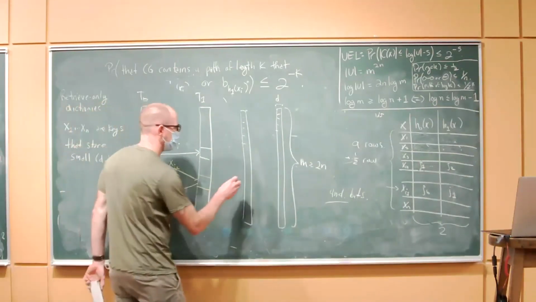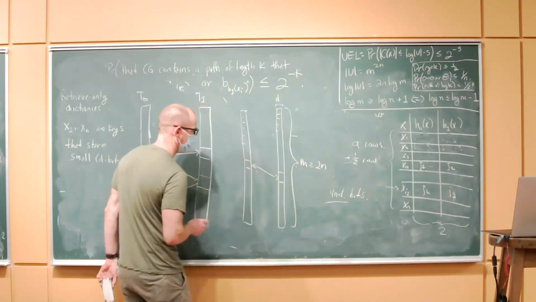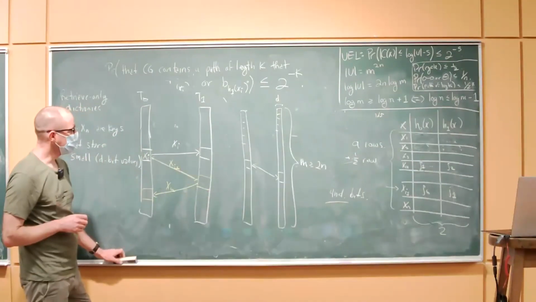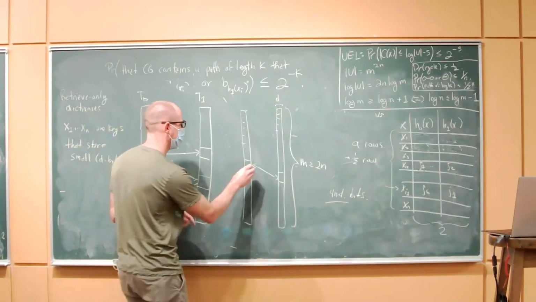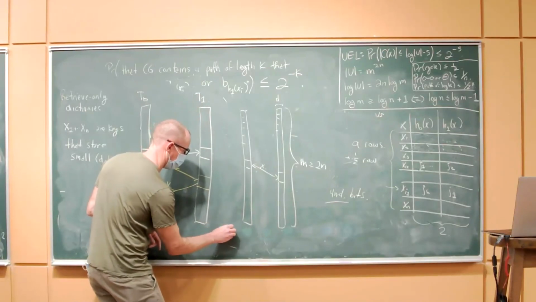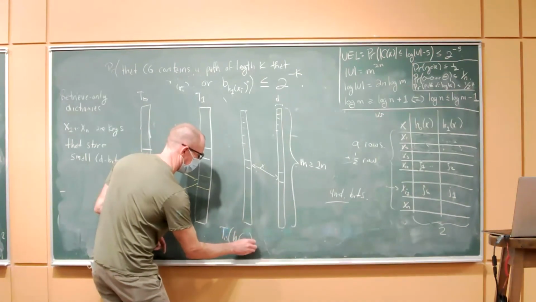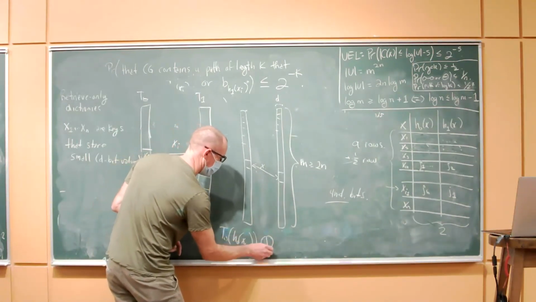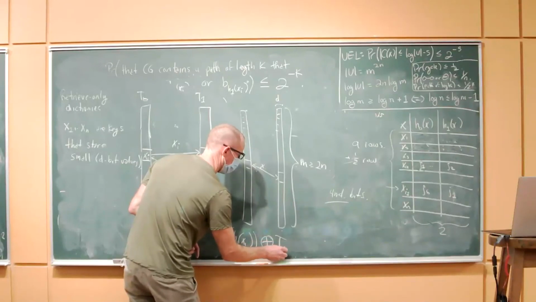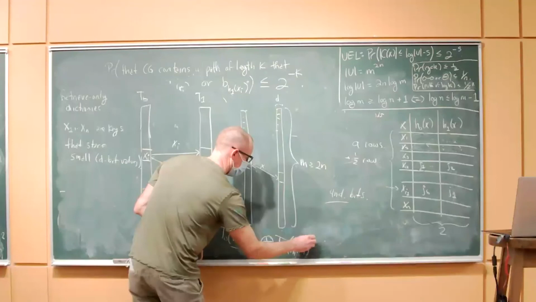But how do you do it? Well, you store this so that for the key associated with xi, I take t0 at h0 of xi, and I XOR it with t1 at h1 of xi.